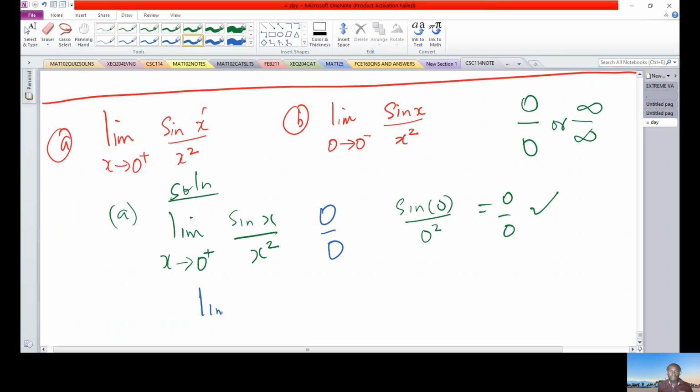So we'll have the limit as x approaches 0 from the right. The derivative of the numerator gives us cos x, and the derivative of the denominator gives us 2x.